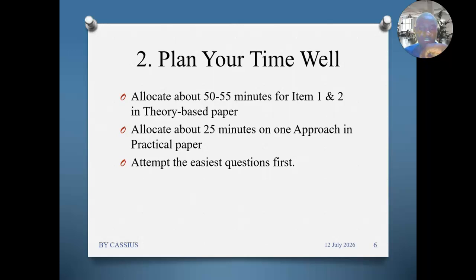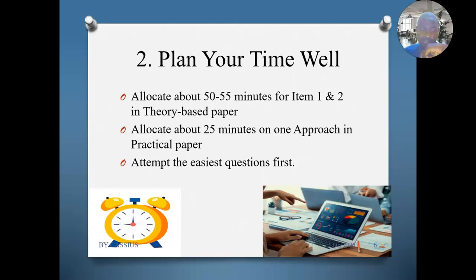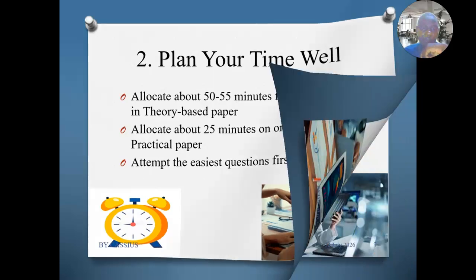Here, don't note an item, but an approach. When you're spelling Microsoft Word, spend 25. PowerPoint 25, Publisher 25, so that you can account for the whole paper in the end. Then attempt the easiest question first because time management is better for you.